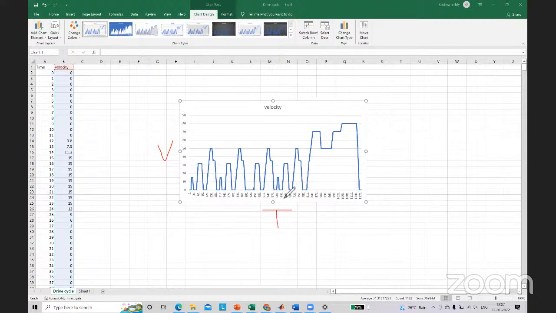So here, if I try to explain a drive cycle, it contains varying speeds, or in a simple definition, different speeds at different times.